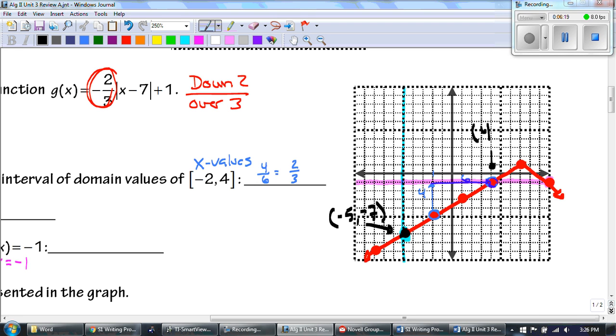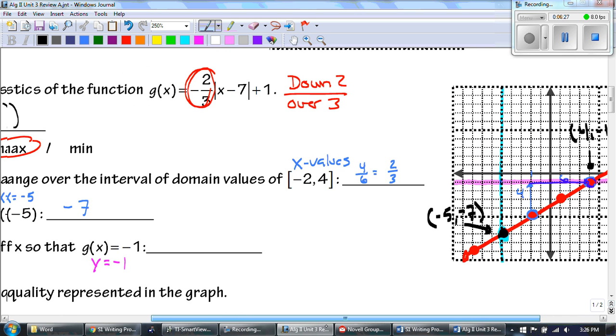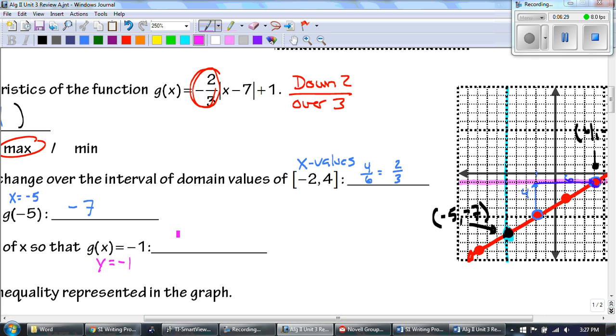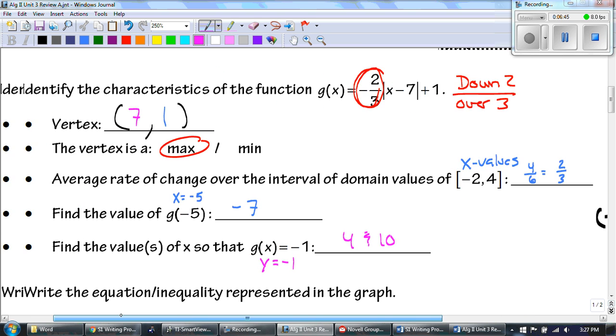Well, we have 4, negative 1, and then we have 10, negative 1. So we would say 10, comma, what was the other one? I'm sorry, 4. Sorry, we have to put these in order. 4 and 10. All right, and that's it for number 2.